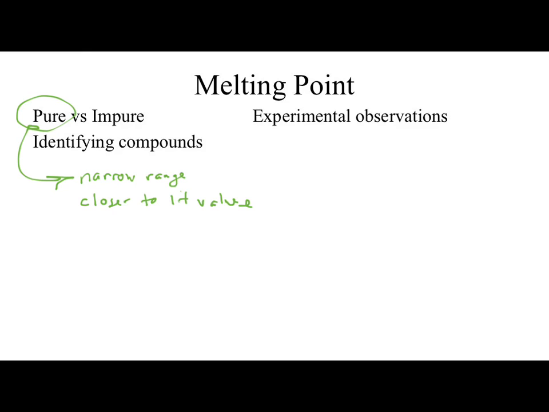If it is impure, what would we be looking for? Again, our key: a broad range. We're getting a broad range because we're disrupting the intermolecular forces, so we see a larger range associated with it, and we see a lower value, lower than the literature value.